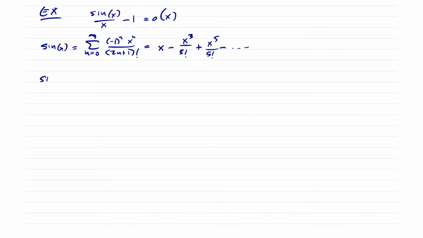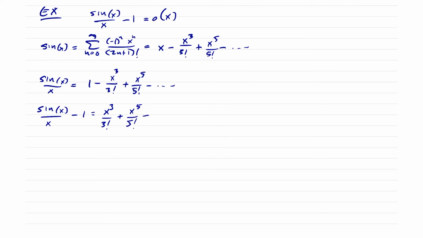So sine of x divided by x is going to be 1 minus x squared over 3 factorial plus x to the 4th over 5 factorial minus etc. And then finally, sine of x over x minus 1 is equal to minus x squared over 3 factorial plus x to the 4th over 5 factorial minus etc. I should say as x goes to 0 for this little o notation. Now my claim is that if I divide this by x, sine of x over x minus 1 divided by x should go to 0.